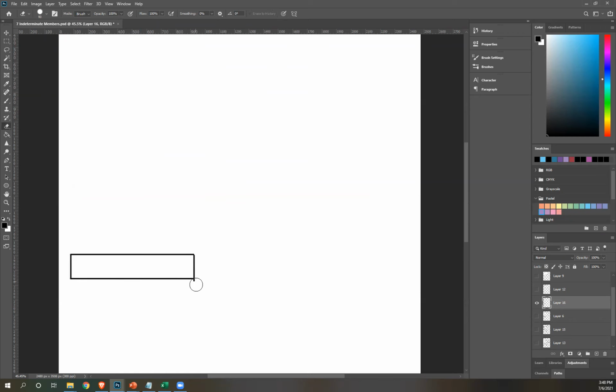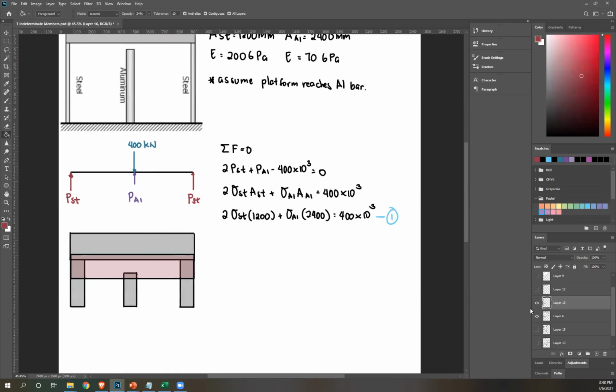And so you can see clearer, let's use red. Hope you can see. But basically, this platform is now this platform in its final position, right?